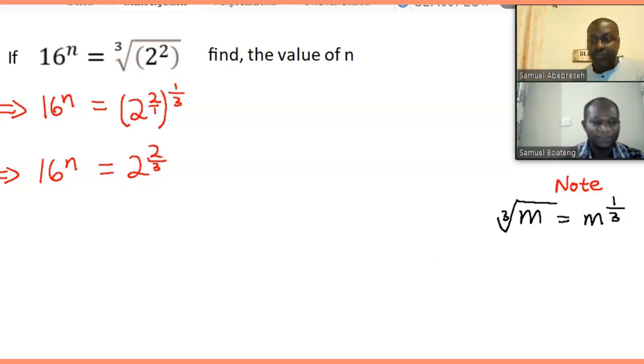Yes. Okay. So here the base is 2. We can now express 16 in terms of 2, because the base on the right-hand side is 2. So 16 can be written as 2 raised to the power 4.